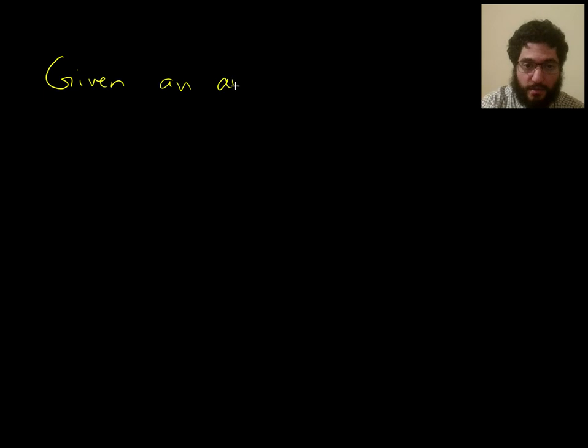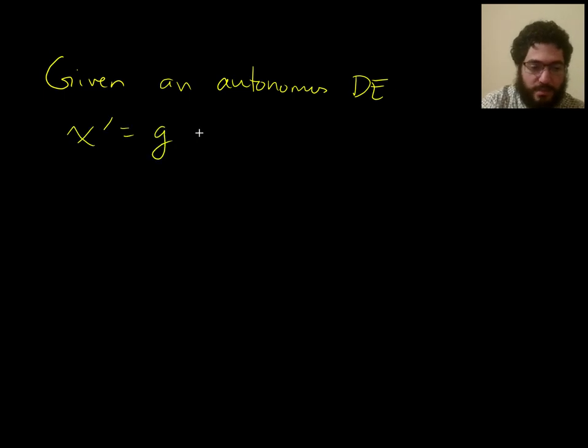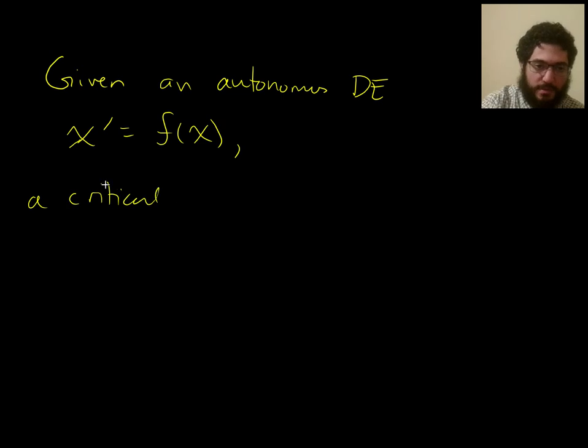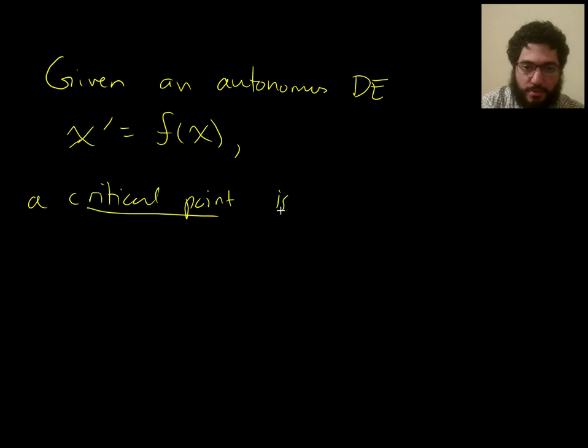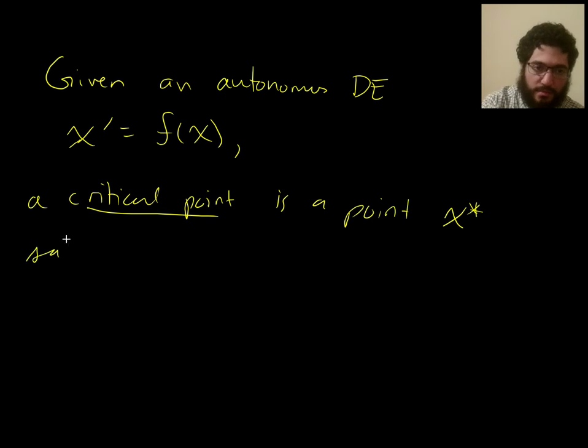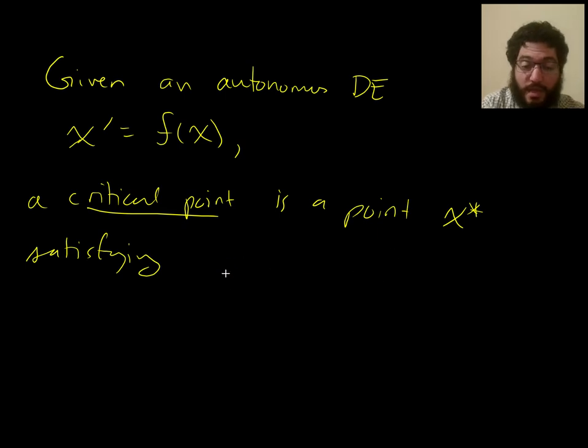So actually, let me go ahead and officially define that term critical point. Given an autonomous differential equation, like x prime equals, let's say, f of x, a critical point is a point x star satisfying f of x star equals 0.